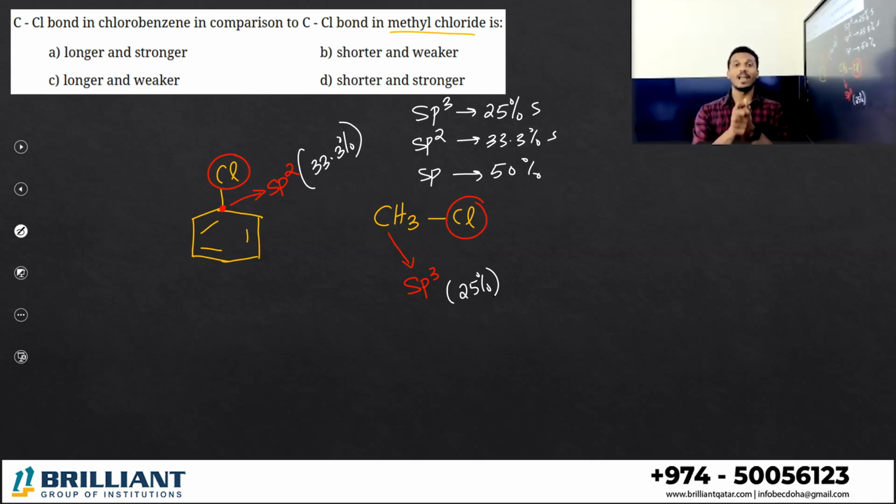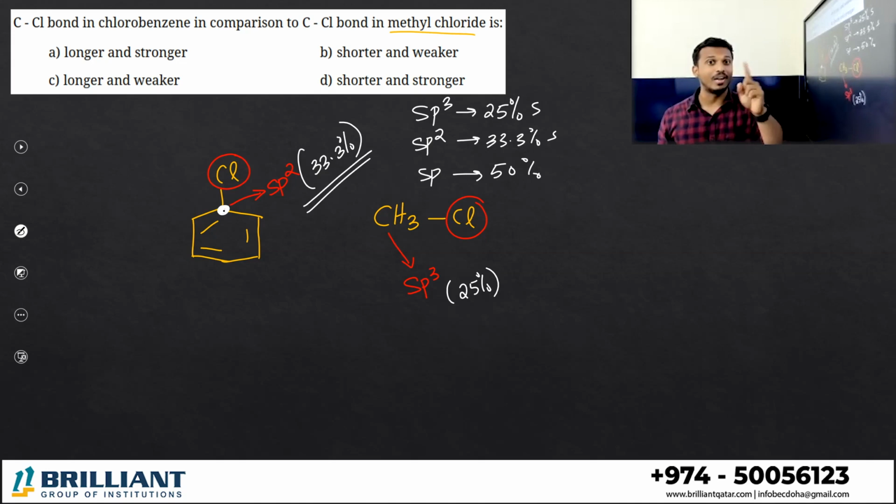More the S character, the carbon atom has more electronegativity. So it will hold that chlorine very tightly. In this case, this carbon is more electronegative. It will hold that chlorine very tightly. It won't leave it faster. Haloarene will not undergo nucleophilic substitution reaction faster because you cannot remove the chlorine faster.